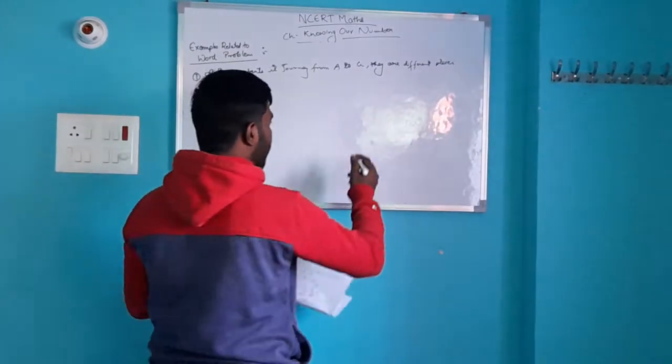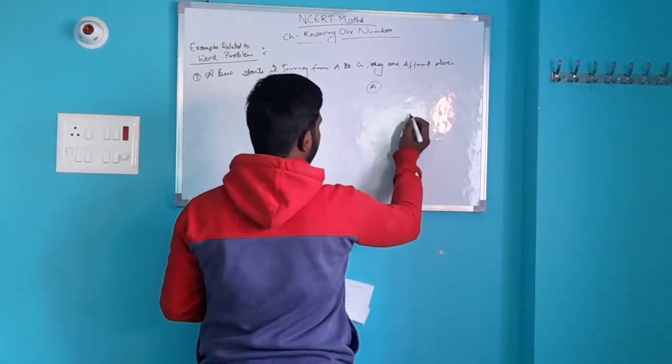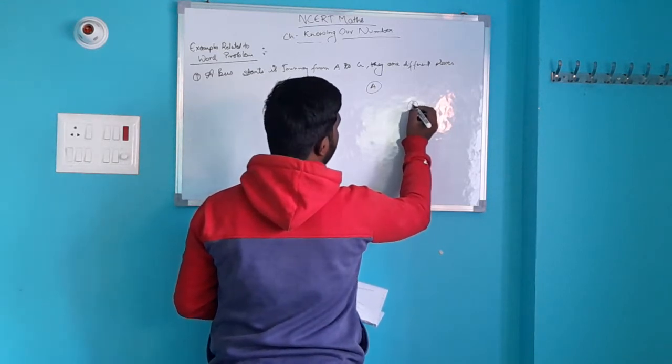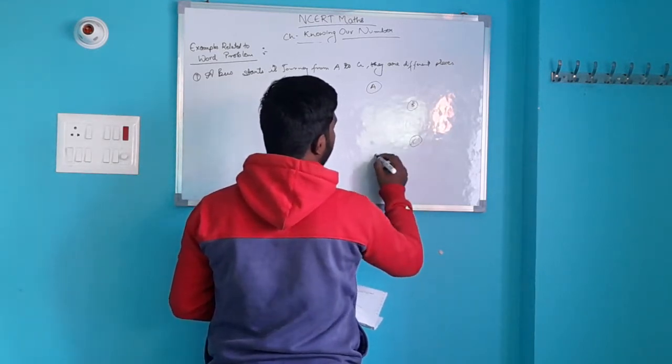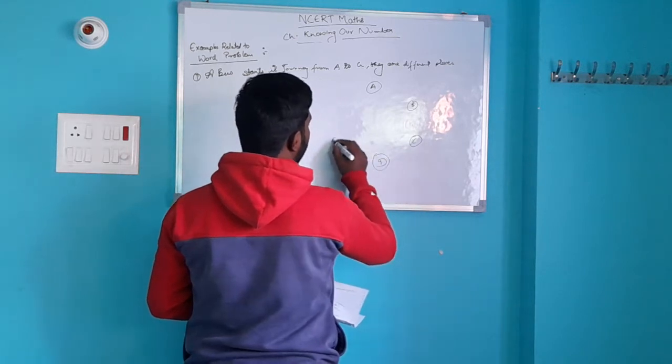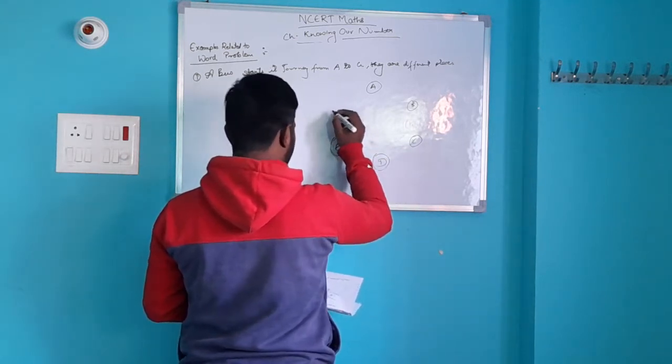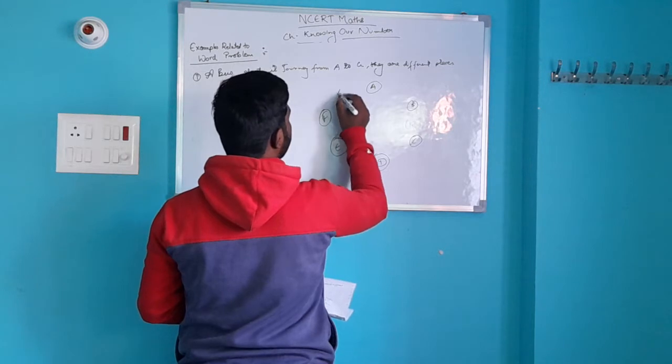I show you by making a map: A, B, C, D, E, F, and G.